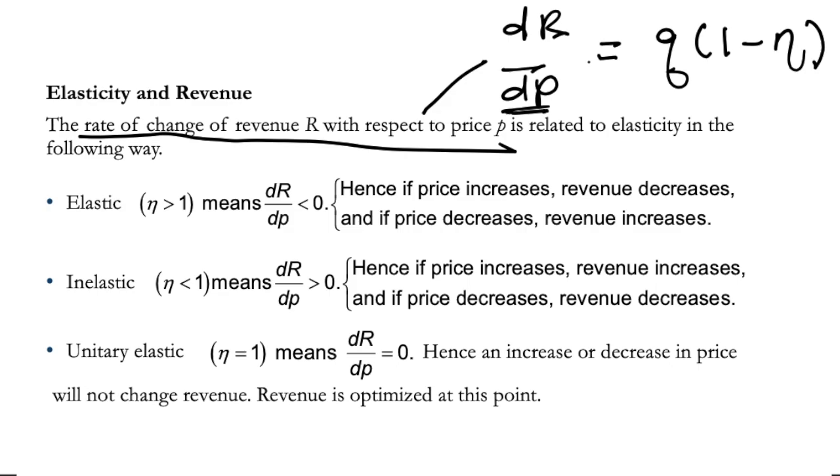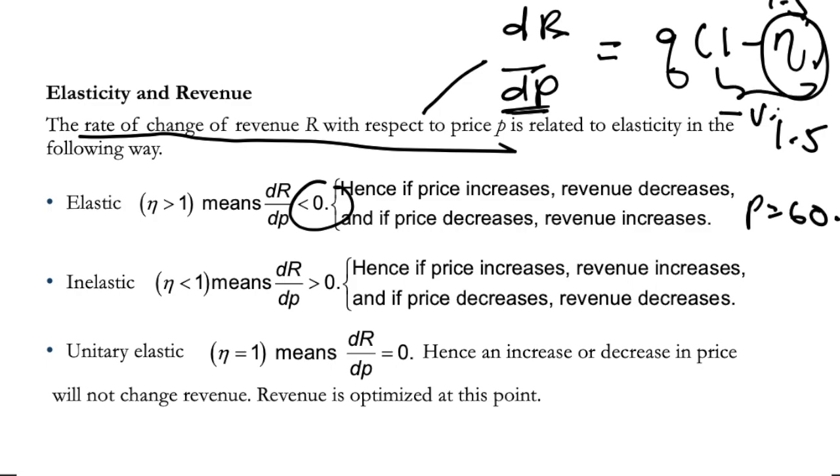This will become less than 0 if eta here is greater than 1. Let's say eta is 1.5, like in example number C, in which price is 60. When eta is 1.5, the whole thing here will give you a negative value.